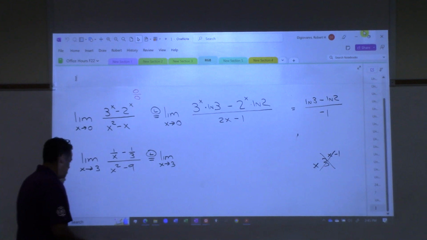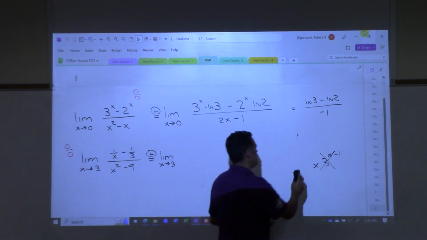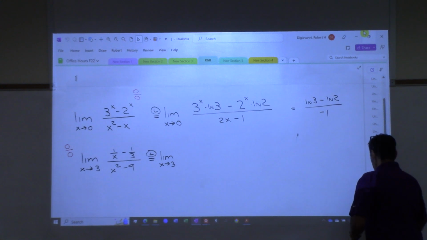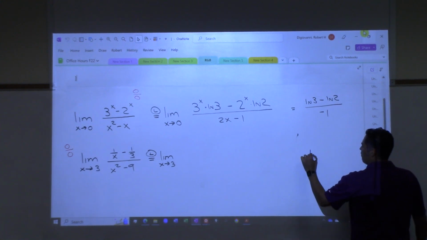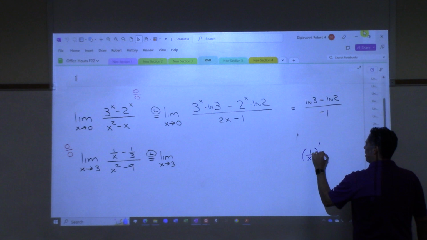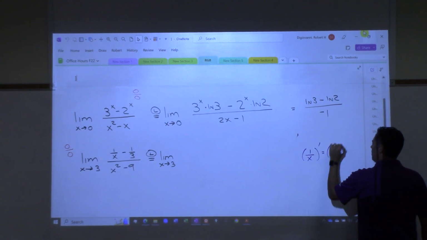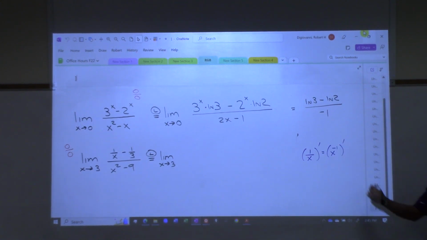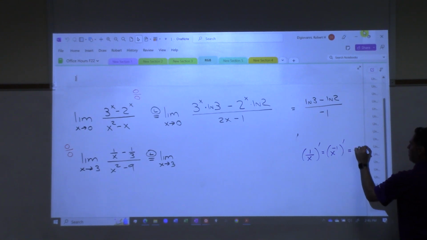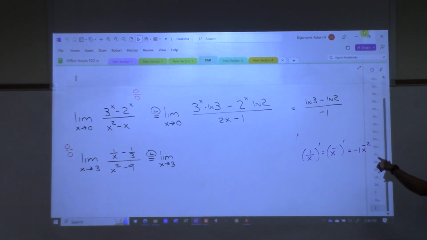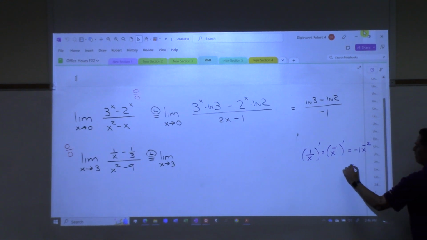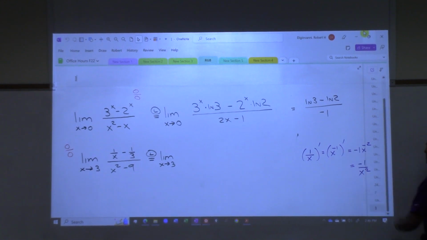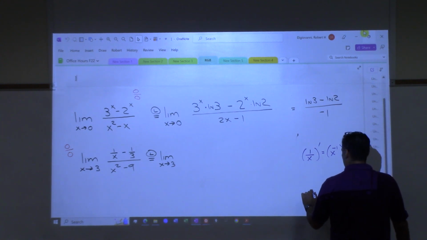I want to pause here for a moment because this is going to come up several times in the next couple of examples. If I have 1 over x and I'm taking its derivative, that's really x to the negative 1, and using the power rule, negative 1 comes down, subtract 1. That's negative 1 over x squared. Follow me? What if I change that top to any constant?